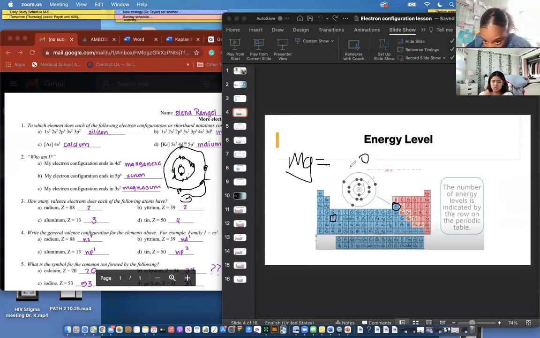Magnesium has 12 electrons: 2, then 3, 4, 5, 6, 7, 8, 9, 10. Oh wait, there are 2 more. So the valence electrons is 2. I got that right? Yes.